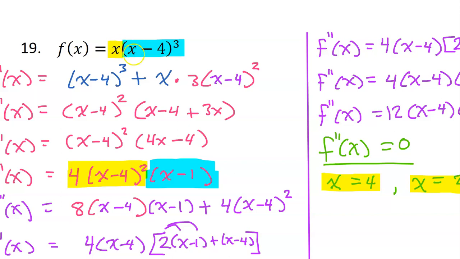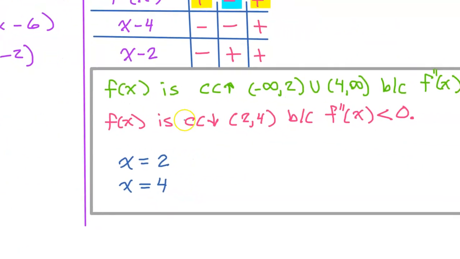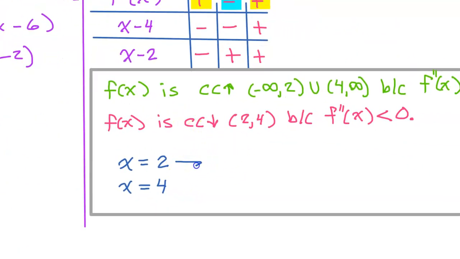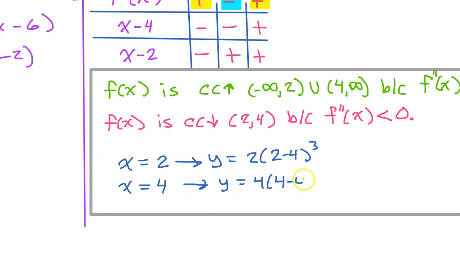So we have x times x minus 4 cubed. So y equals 2 times 2 minus 4 cubed. And y equals 4 times 4 minus 4 cubed.